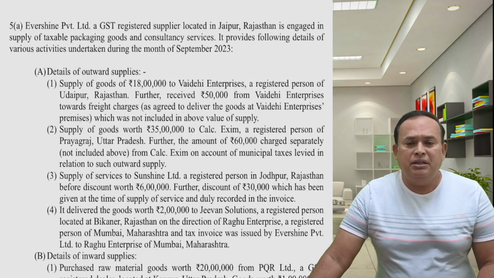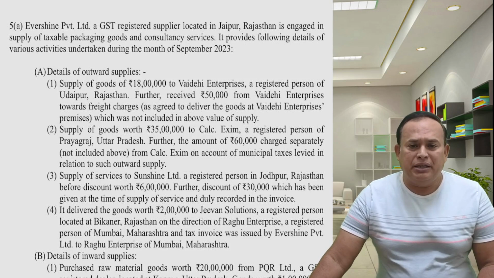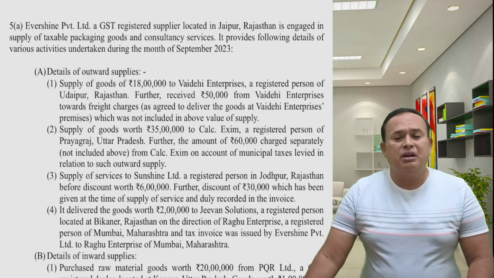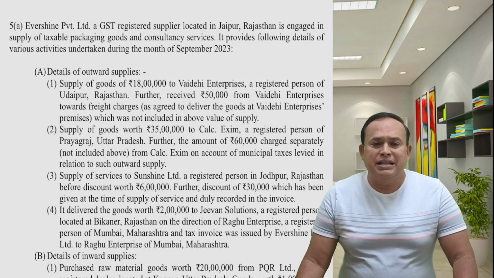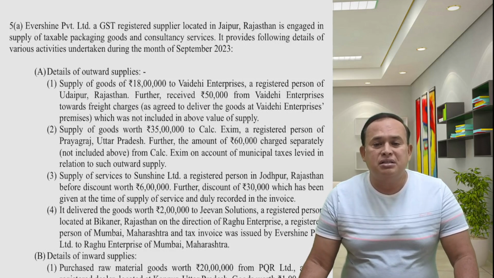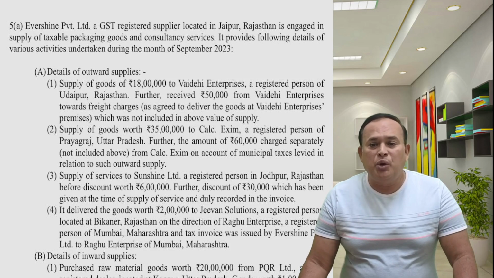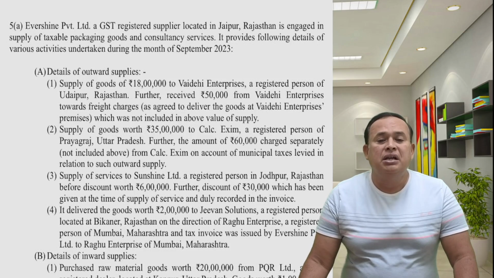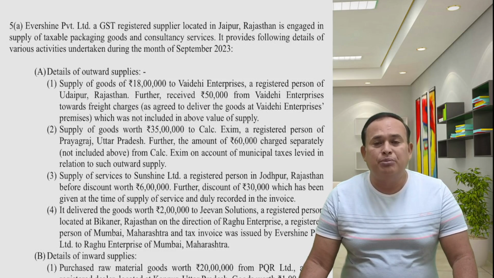Evershine Private Limited, a GST registered supplier located in Jaipur, Rajasthan, is engaged in supply of taxable packaging goods and consultancy services. It provides the following details of various activities undertaken during the month of September 2023.